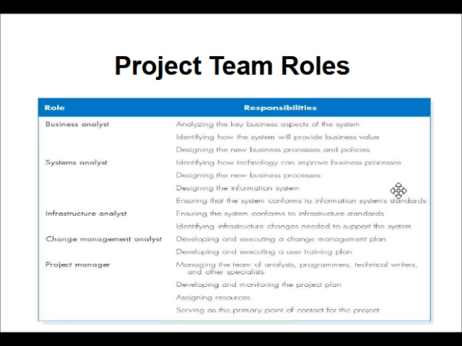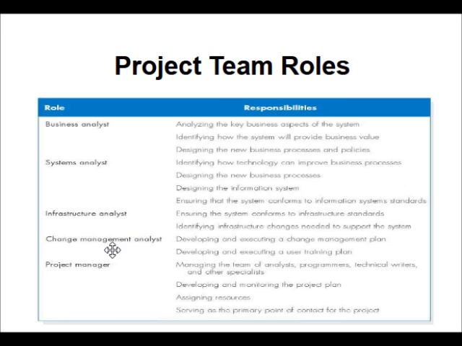The system analyst's role and responsibility is identifying how technology can improve business processes, designing the new business processes, designing the information system, and ensuring the system conforms to the information system standard. Then the infrastructure analyst's responsibilities are ensuring the system conforms to the infrastructure standard and identifying infrastructure changes needed to support the system.